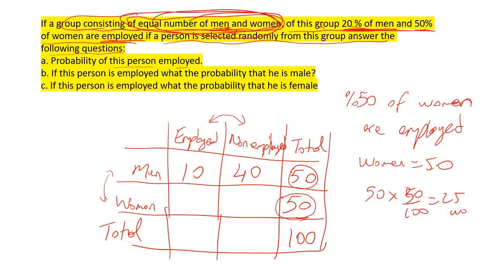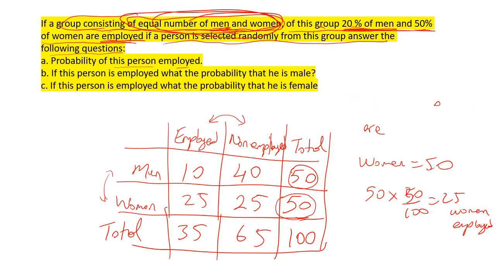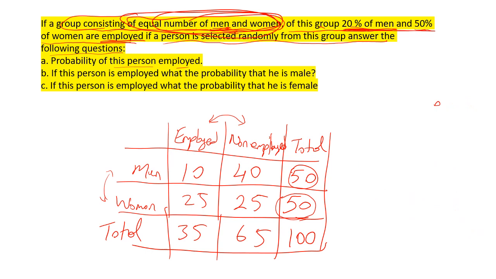So woman and employed is 25. You write 25 here, and this has to be 25, then this has to be 35, and this has to be 65. Now everything is clear in the table, and when you add them, you get 100. Everything looks fine. To check, this one plus this one is 100, okay. This one plus this one is 100, okay.